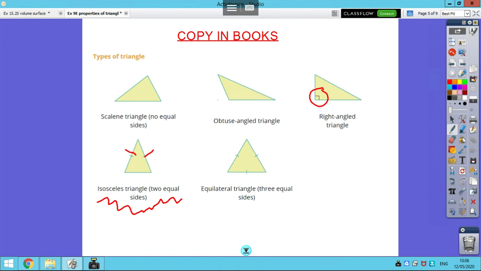So those sides are equal. We've seen isosceles triangles before, and we know that these two angles are equal as well, don't we? And then your equilateral triangle, all three angles are the same and all three sides are the same. And you've seen these types of triangles before, haven't you? You should make notes on these, okay? Just so you don't forget the types of triangles that you've got to identify.